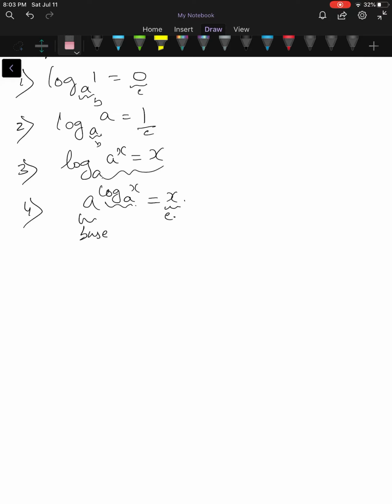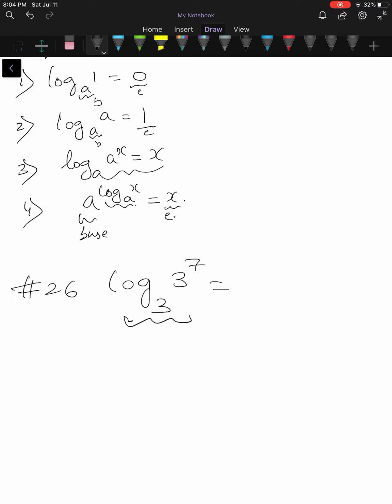Okay, so let us apply properties and solve some exercises. Let me solve problem number 26 for you. Problem number 26 says evaluate the expression: log to the base 3 of 3 to the power 7.